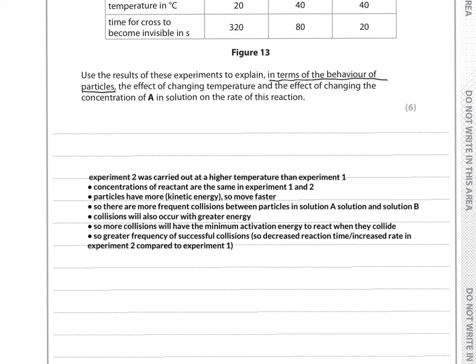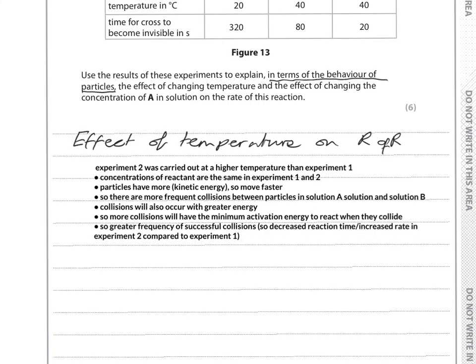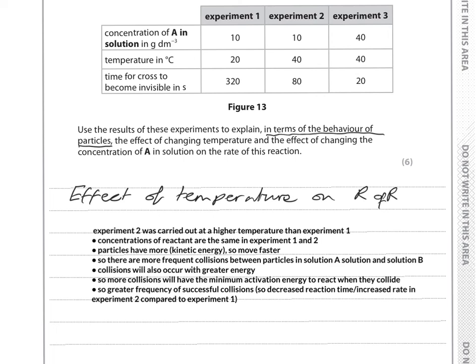So the next thing to do is to describe the effect of temperature on rate of reaction. If we have a look at the results, we can see the difference between experiment 1 and experiment 2.